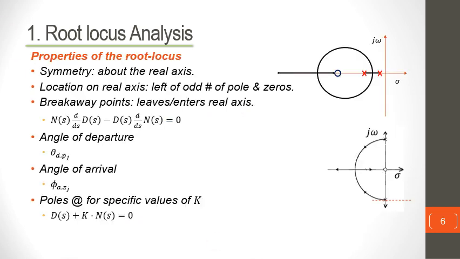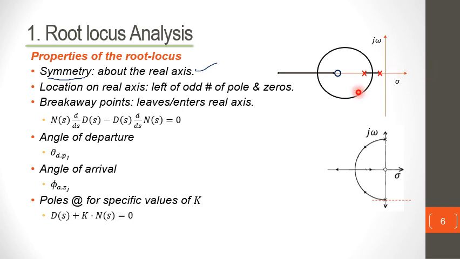To assist in sketching the root locus, these are some of the properties that the root locus observes. The first property that we'll look at is symmetry. The root locus will always be symmetric about the real axis.